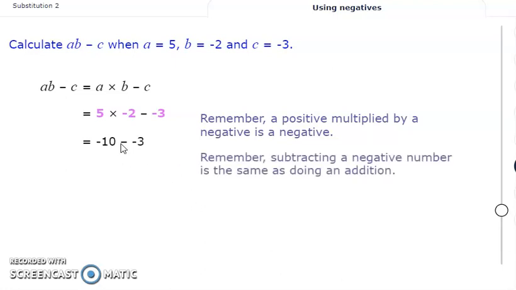And you know that subtracting a negative number is the same as doing an addition. So -10 minus and minus will become +3. -10 and +3 will give you -7.